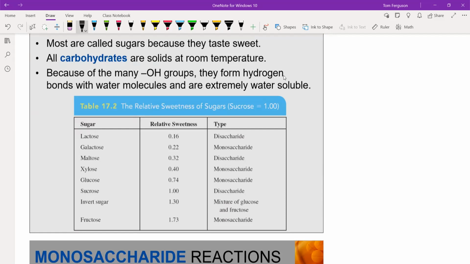As a reference, we're looking at common table sugar, sucrose, a disaccharide. We're listing that as a relative sweetness of 1. Fructose is almost twice as sweet as sucrose. Now, originally, fructose was given to diabetics because they could achieve the same level of sweetness by putting in less.